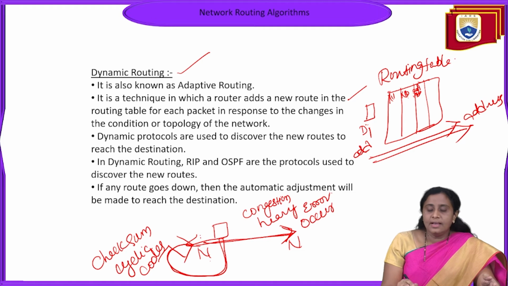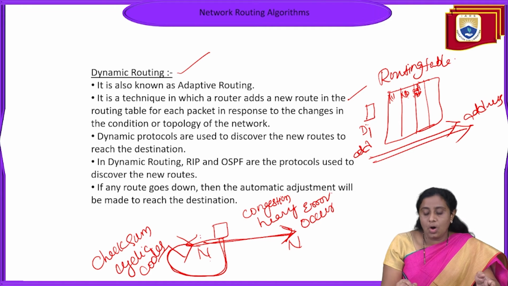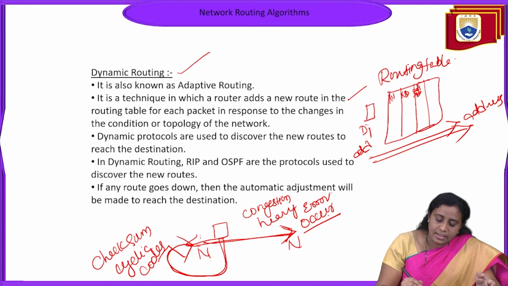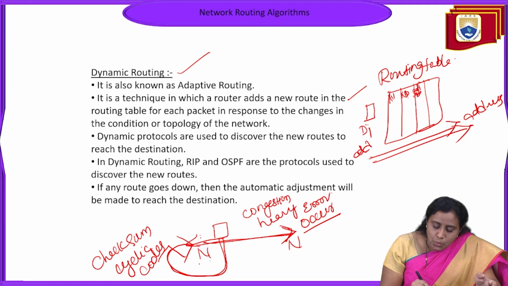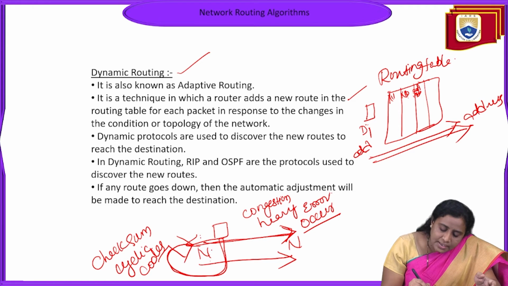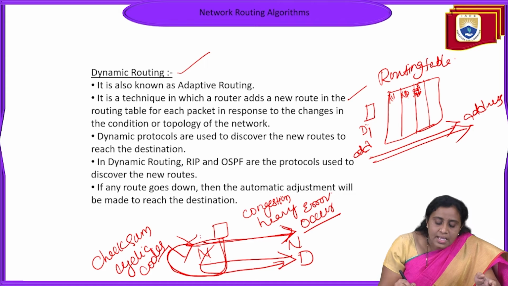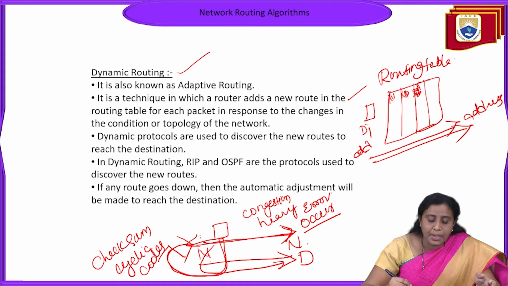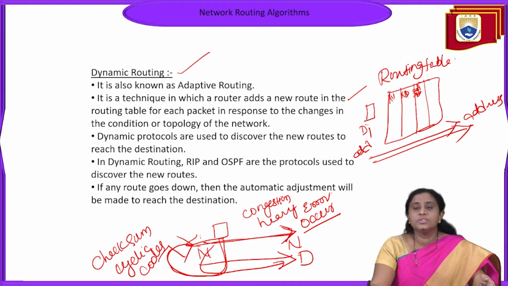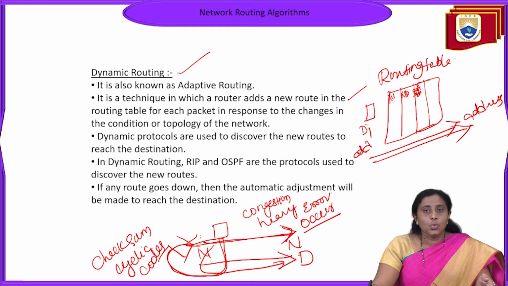So whenever any congestion or error occurs, it will discover new routes, so the data packet can choose another path to reach its destination. For that purpose, dynamic protocols are used to discover new routes to reach the destination.